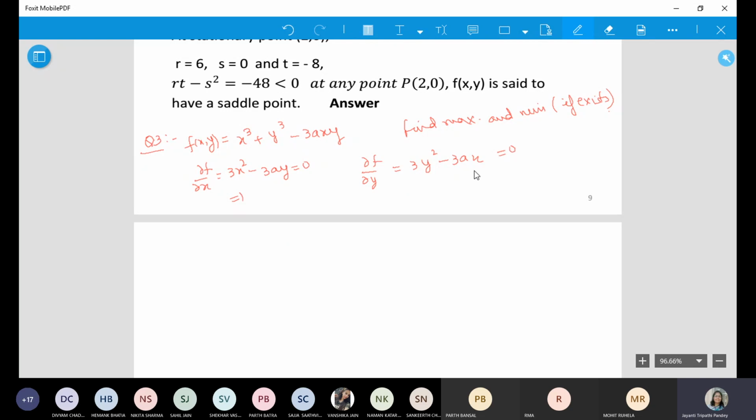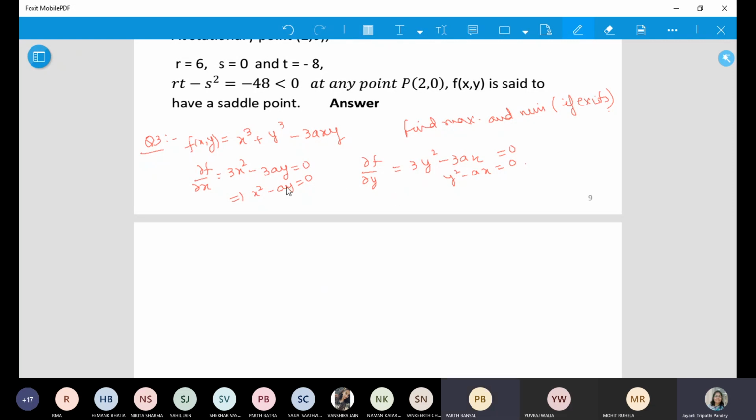Here you will get x square minus ay equals 0. Here you will get y square minus ax equals 0. X equals plus minus a? No, only. Now find the second derivative.